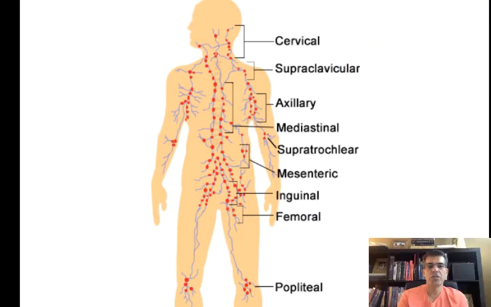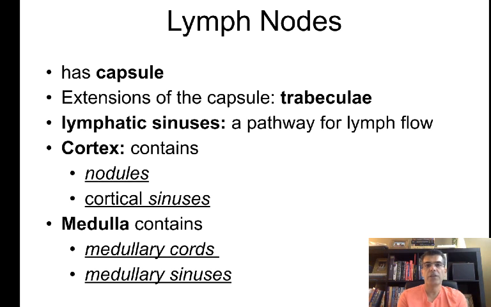This picture shows the location of lymph nodes all over your body. But the ones that are palpable are the more superficial ones, by the inguinal, by the axilla, and by your neck. That's why when you go for a doctor visit, the doctor is going to check those areas to feel if your lymph node is enlarged.